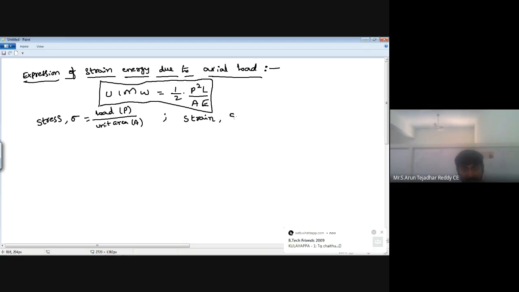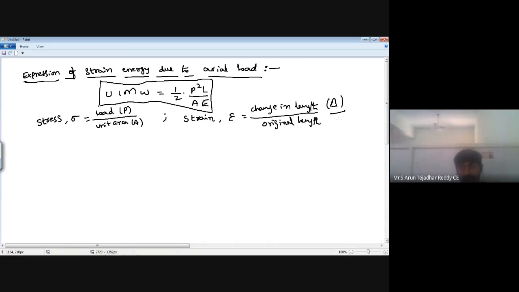Strain is indicated by this symbol, change in length by original length. Change in length you can take as delta, original length L.